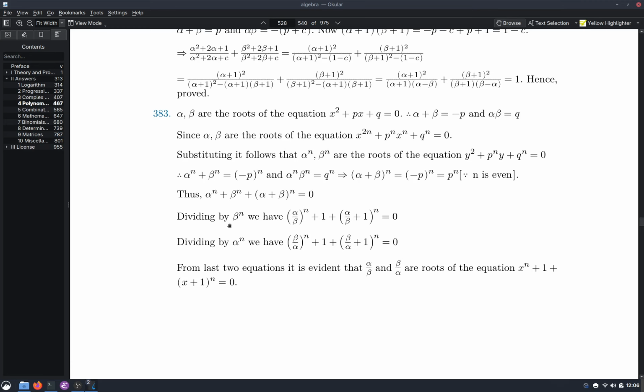Now dividing by beta to the power n to this equation, we get alpha by beta to the power n plus 1 plus alpha by beta plus 1 to the power n is equal to 0. And if we divide by alpha to the power n, we get beta by alpha to the power n plus 1 plus beta by alpha plus 1 to the power n is equal to 0. So from these two equations, we see that alpha by beta and beta by alpha are the roots of the equation x to the power n plus 1 plus x plus 1 to the power n is equal to 0.